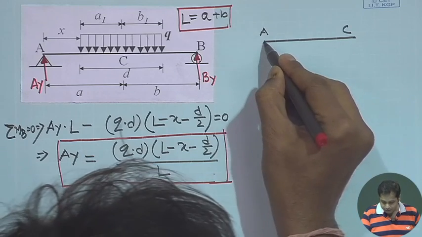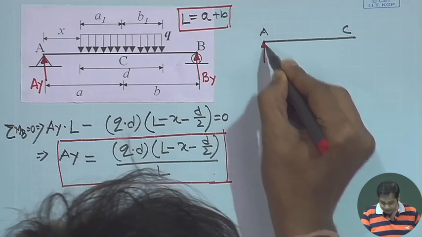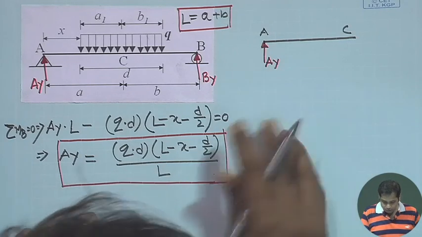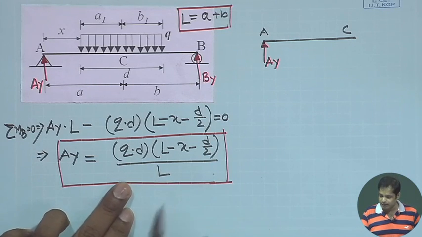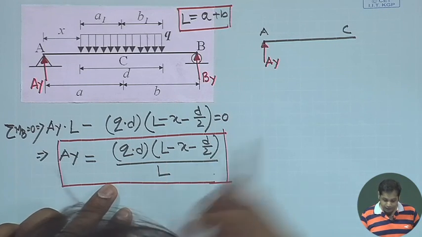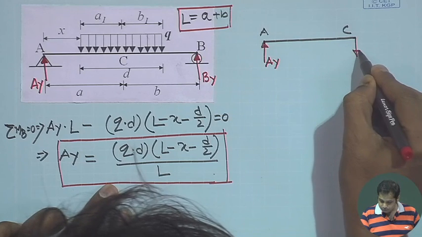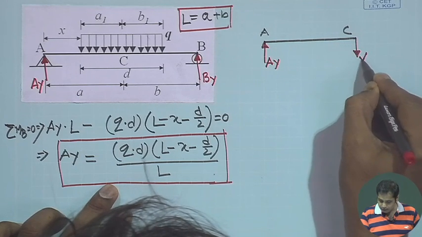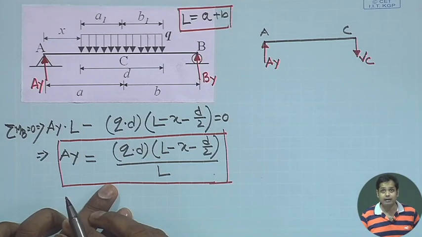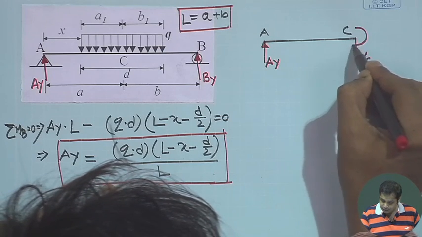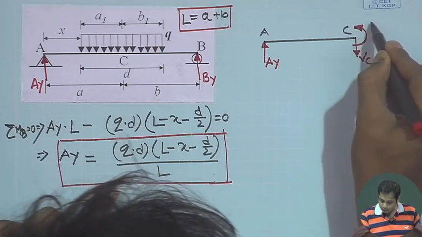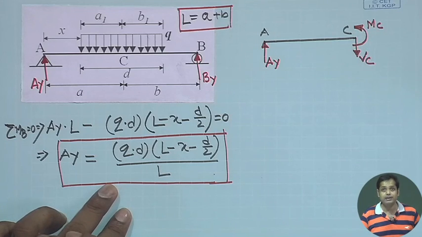We have the vertical reaction Ay, which is already determined as this. Then we have the shear force VC, as per our sign convention, and then the moment MC.